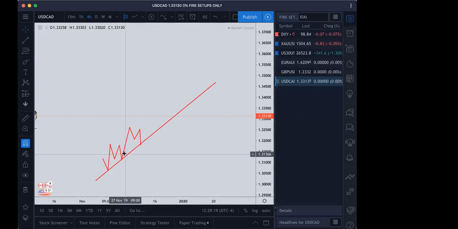Got it. The simple M is just equal lows, right? Yeah, exactly. Okay. This one's natural.